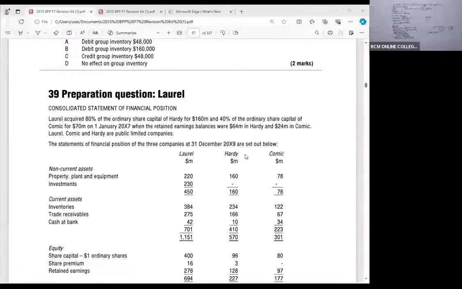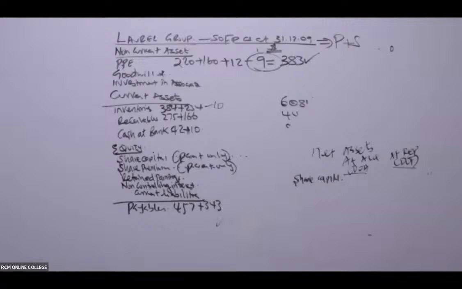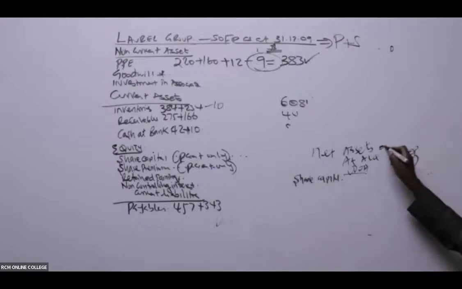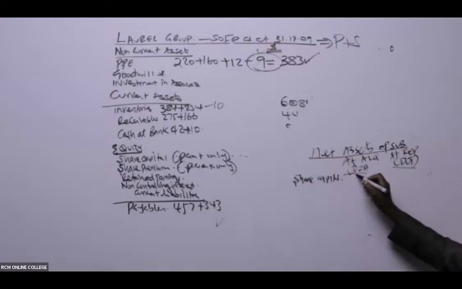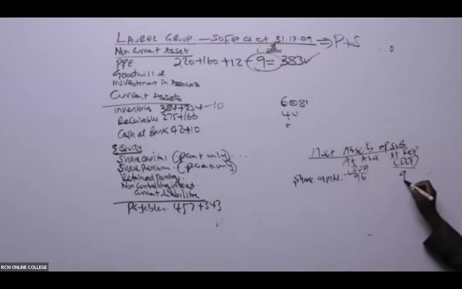Subsidiary is Hardy. So please write here, net assets of the sub. Share capital never changes, 96. Share capital, no change. Thank you so much, 96.